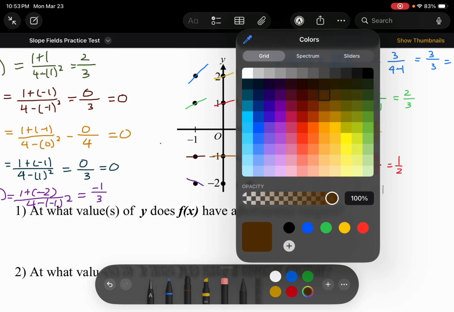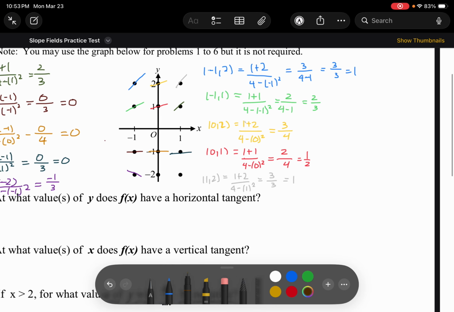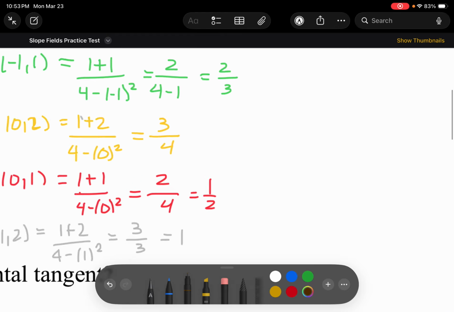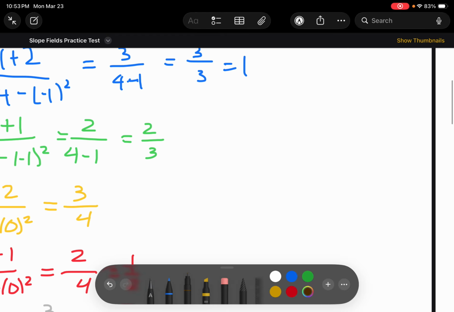And then let's give this a little brown color. Let's do 0, -2. Oh, it's not even dark.